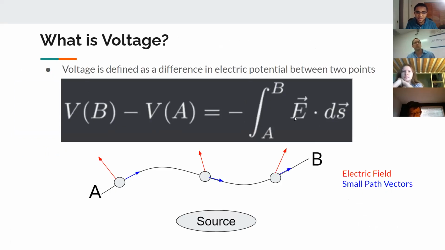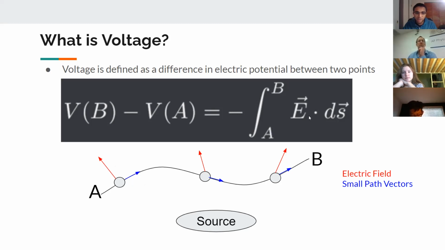And so now we introduce the principle of voltage. Voltage is defined as a difference in electric potential. You don't have to understand the integral here, but look at the left side: we have a difference, right? This is the difference in electric potential. On the right side, we're taking tiny pieces of the path. You have the charge Q, and you're looking at the electric field along the path.